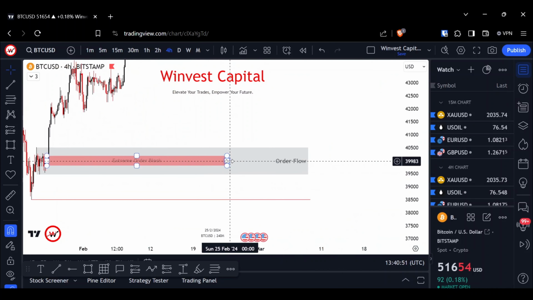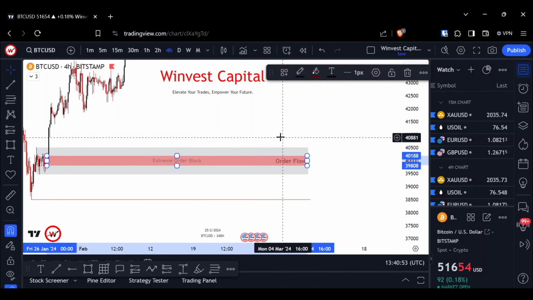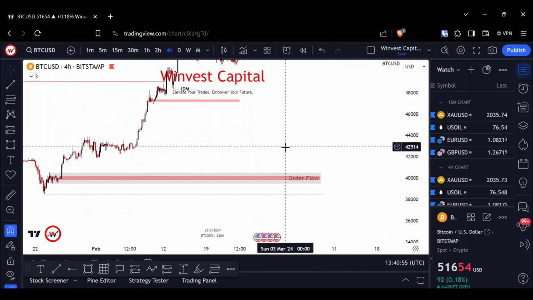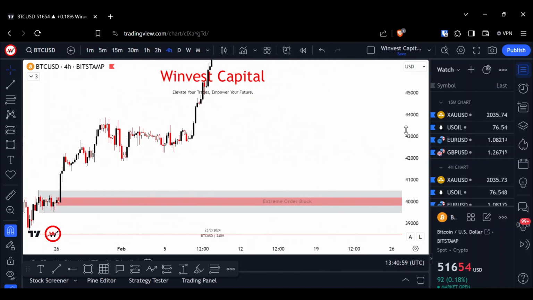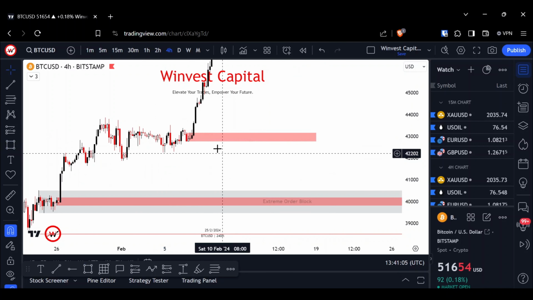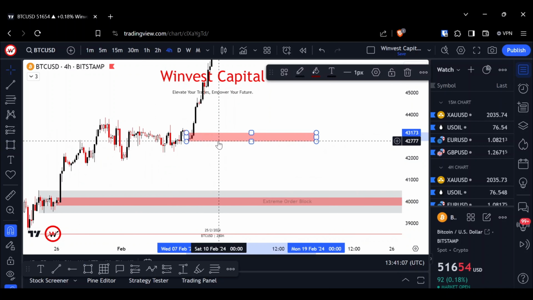And we only enter from the first order block or the last order block. Everything in between, that is a smart money trap. So if you would have marked this one right here, that will be a smart money trap.